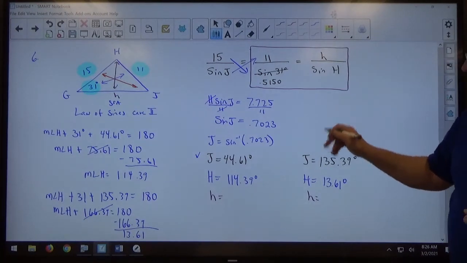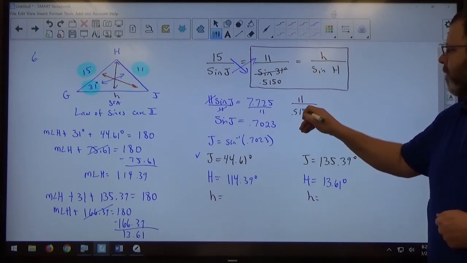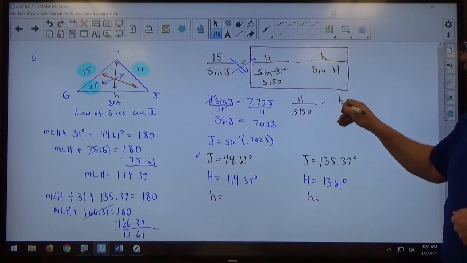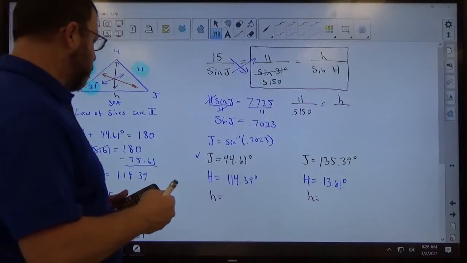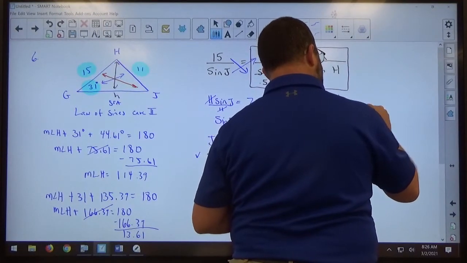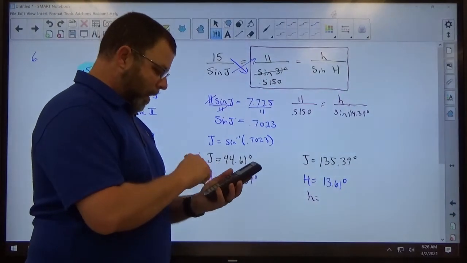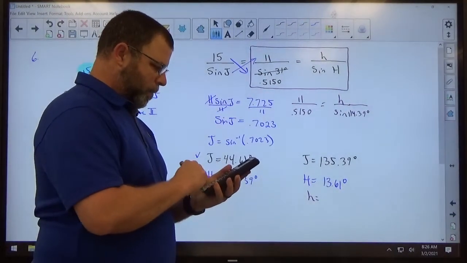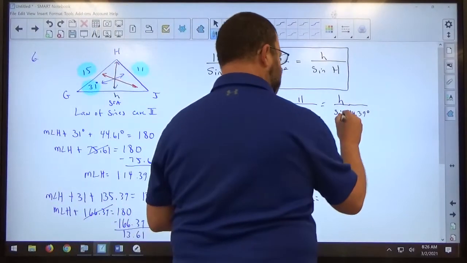So for this one, I'm going to get 11 over 0.5150 equals little h over sine of 114.39. My calculator says sine of 114.39 is 0.9108.